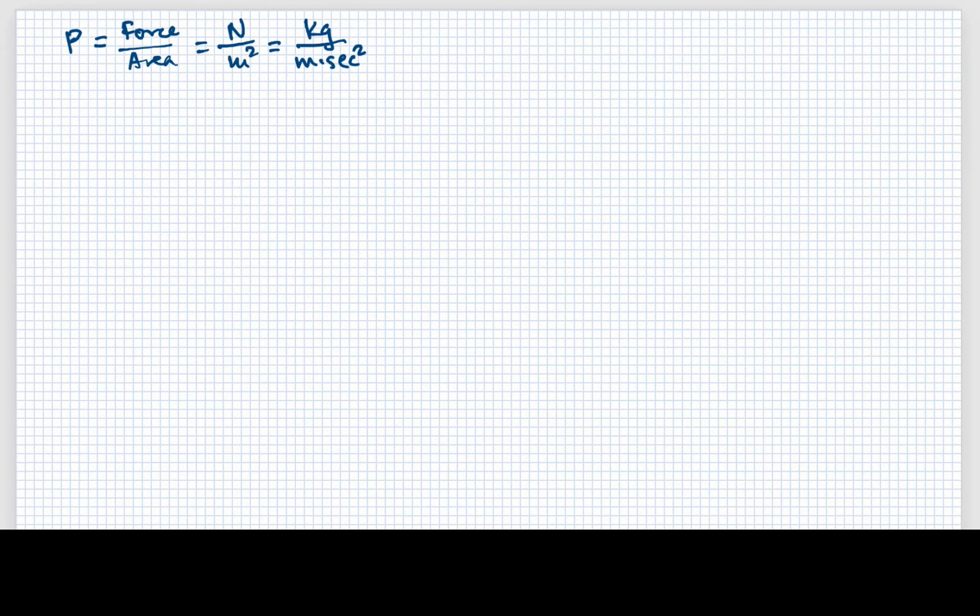And this turns out to be a unit of pressure for the metric system that's called 1 Pascal, named after Blaise Pascal. So the Pascal is actually the unit that we probably should be using for pressure, but it's a really tiny amount of pressure.